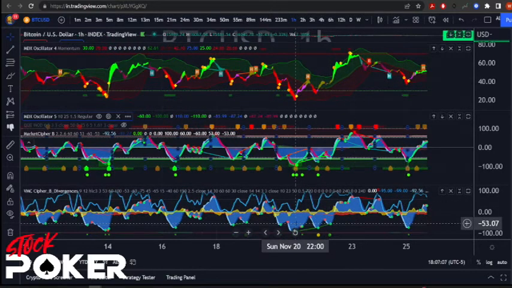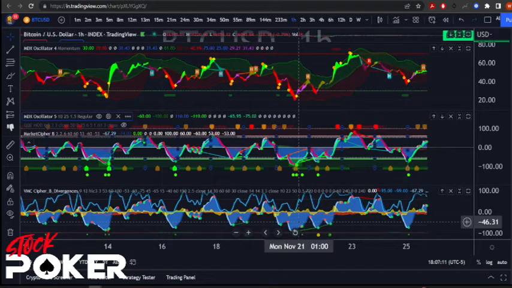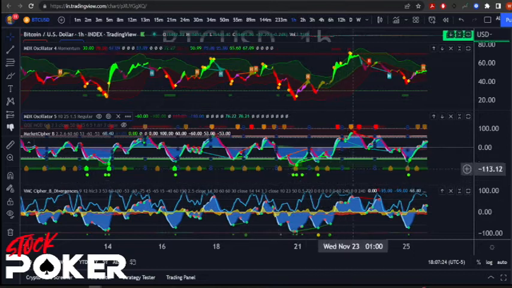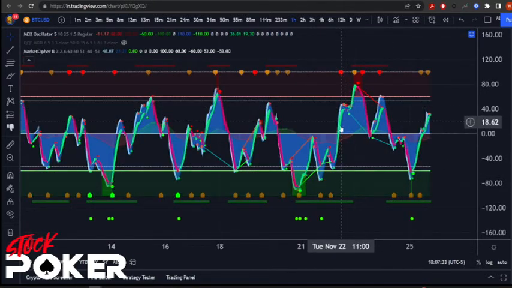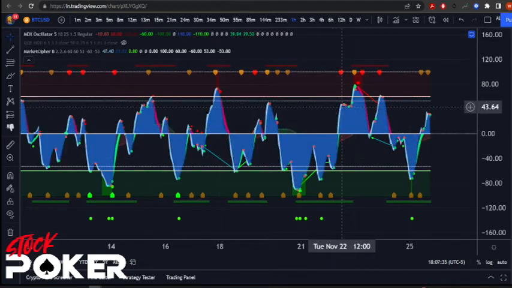And again, if you're familiar with the market cipher style format, then this will look very, very familiar to you, even if you don't know. Fu Manchu is a free indicator. And again, I just superimposed it on top of the oscillator 5.